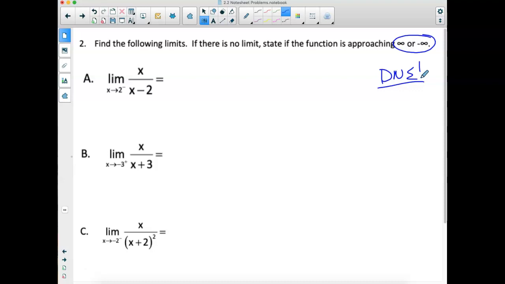That would be a really small number, 1.999. Remember, we can put the number in right in the top. I got 2 over, this is going to be negative small, right? Which means something divided by a very small number is going to be negative big, going to negative infinity, going down.